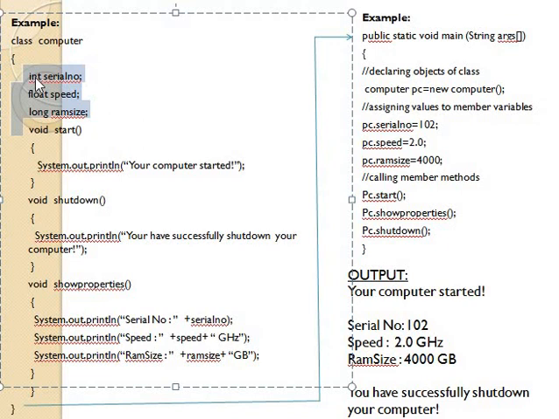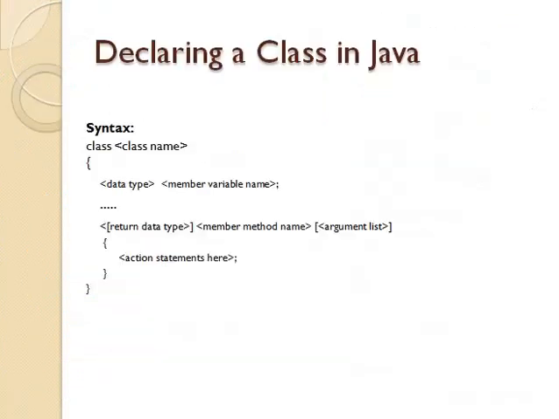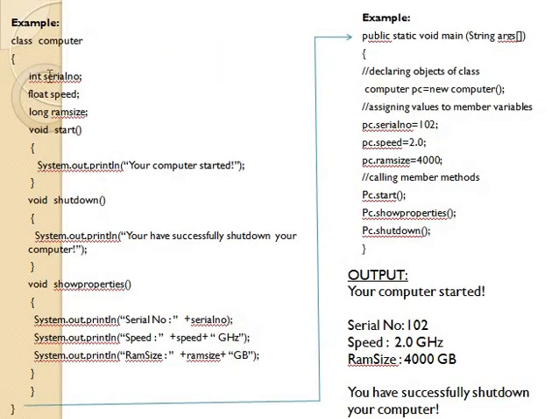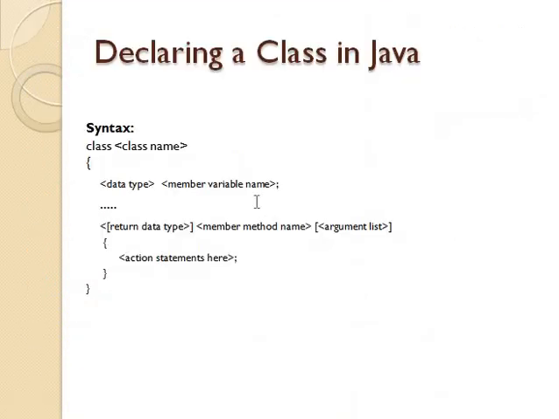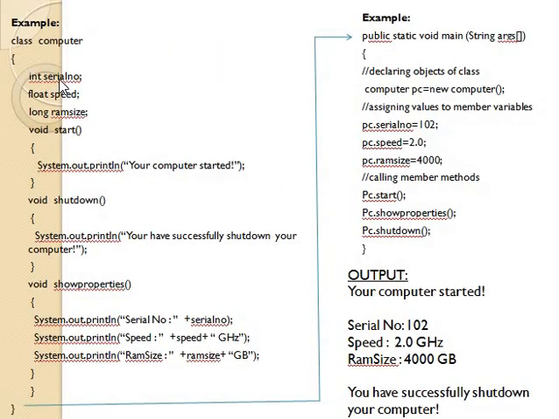Here int is the data type, as shown in the syntax, serial no is the member variable name, and then we have a semicolon.